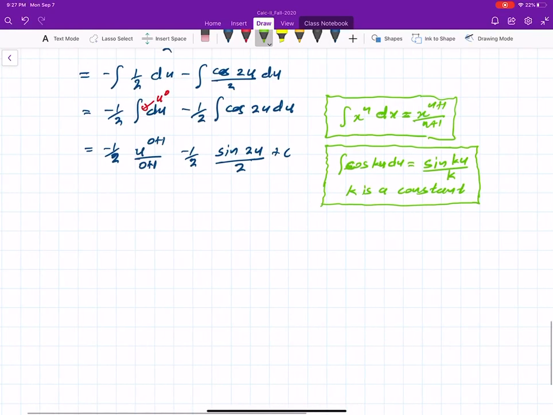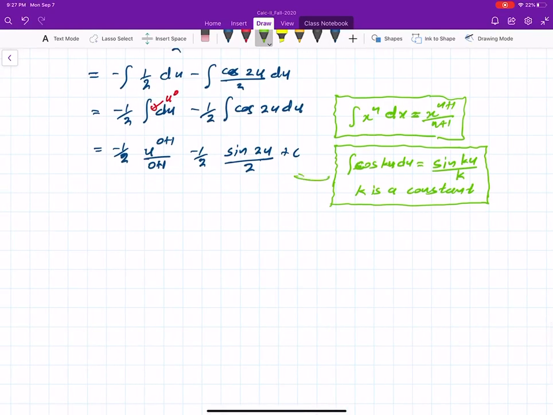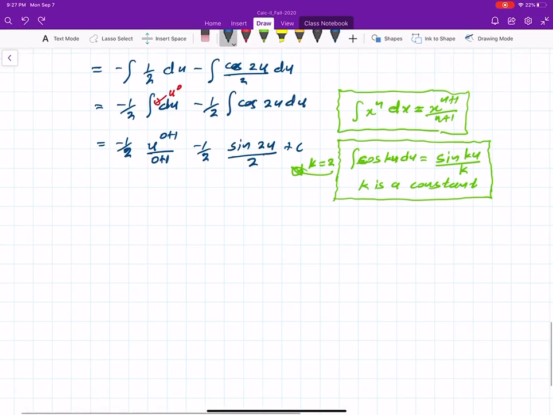All right, go forward. That formula is used here. Here k equals 2. That constant is actually 2. And then simplify this. If you simplify this, you will get minus half u, here minus 1/4 sine 2u plus c.